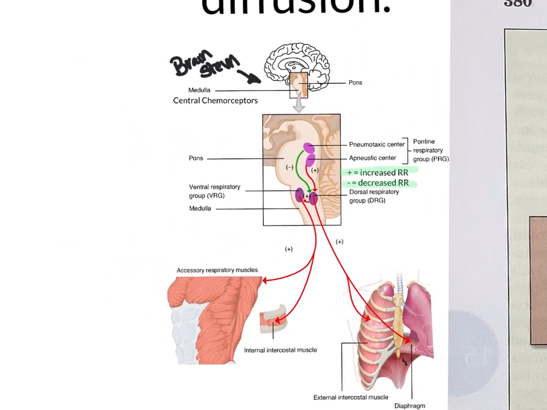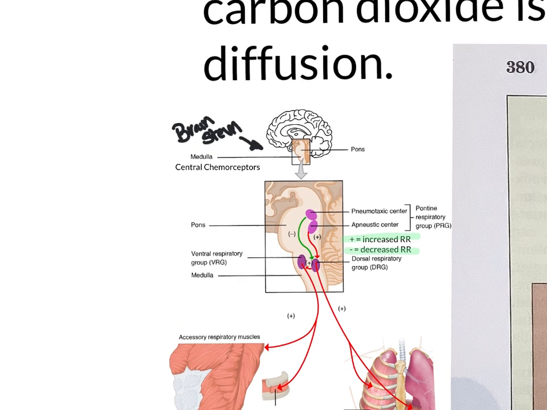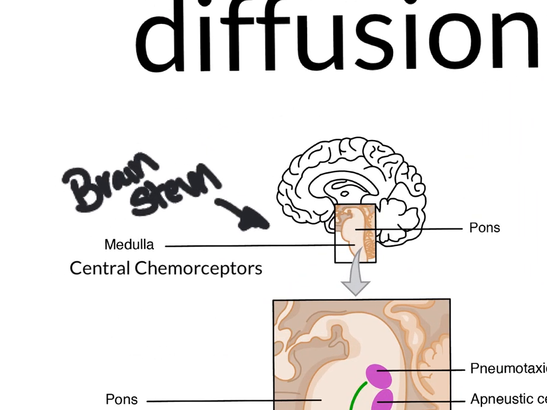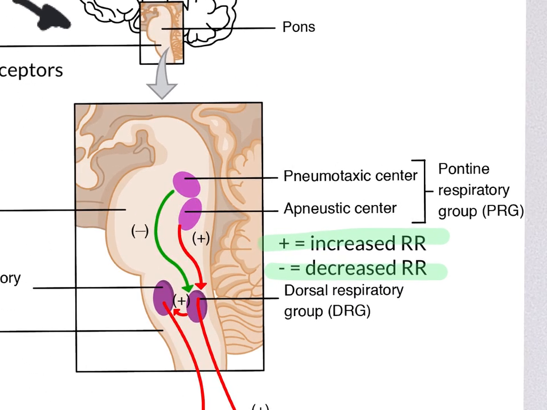And that process is regulated by the pons and medulla in our brainstem, right? And that has chemoreceptors that are picking up levels of carbon dioxide in our blood.